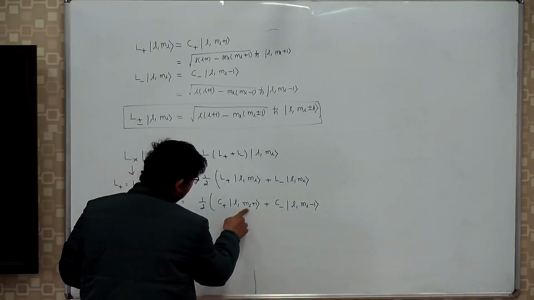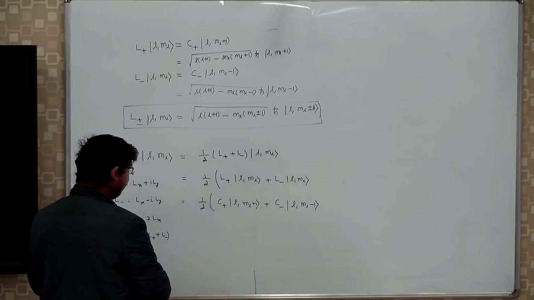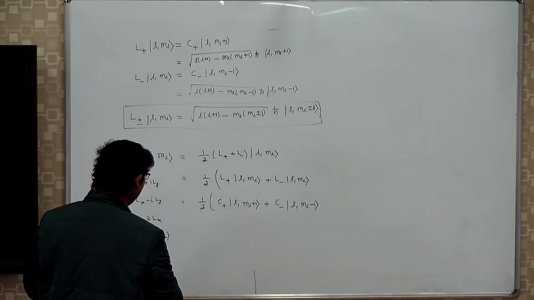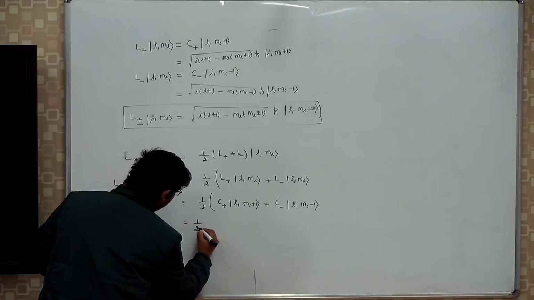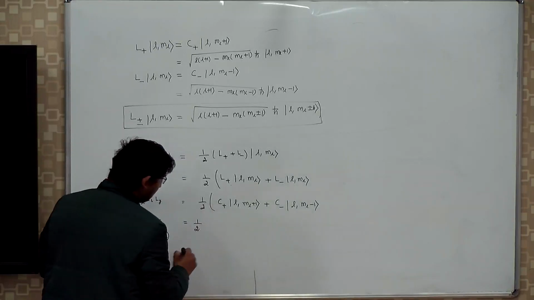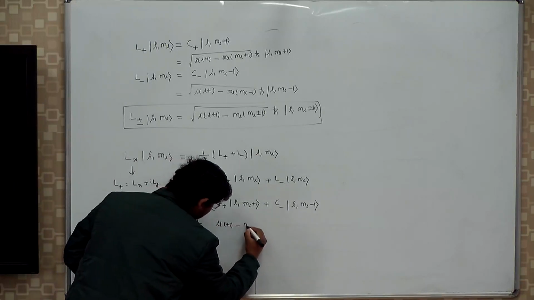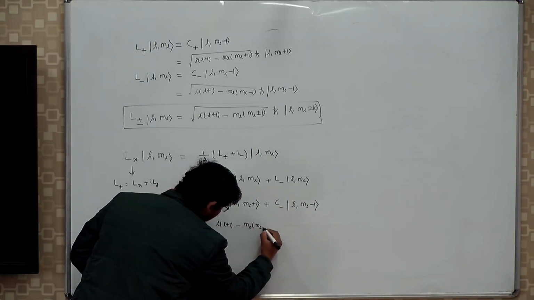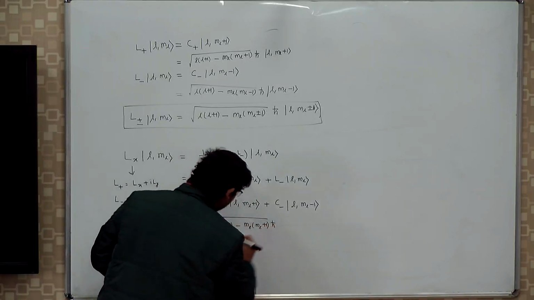Here mL is the magnetic orbital quantum number, and L is the total orbital angular quantum number. Then 1/2 times C+, which is the square root of L(L+1) minus mL(mL+1), times h-cross, with the state L, mL plus 1.